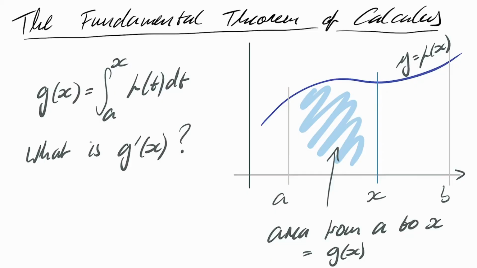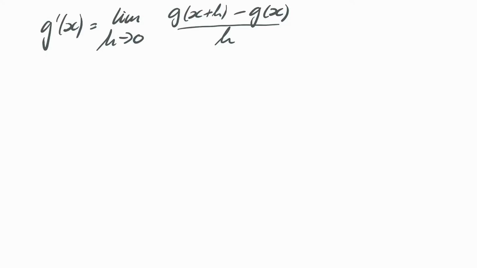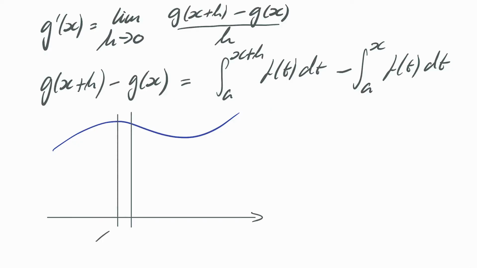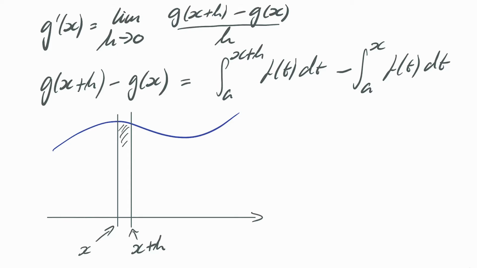Now let's ask the question, what is the derivative of g with respect to x? Let's have a go at calculating this from the definition. The numerator of this is the complicated bit, so let's just write out what that is. In terms of these two integrals, there's a difference between these two integrals. Let's interpret that geometrically. If I consider x and x plus h, where h is some finite number, then the difference between these two integrals is actually the difference in this area here.